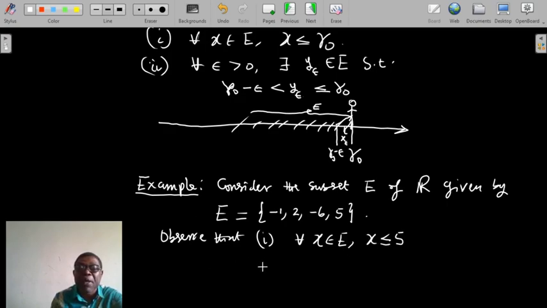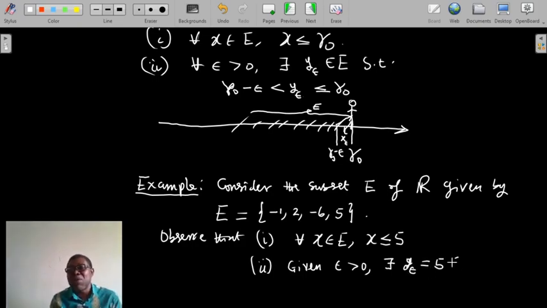And given epsilon bigger than 0, we can find, say, y epsilon in the set E so that 5 minus epsilon is less than y epsilon, and this is less than or equal to 5.